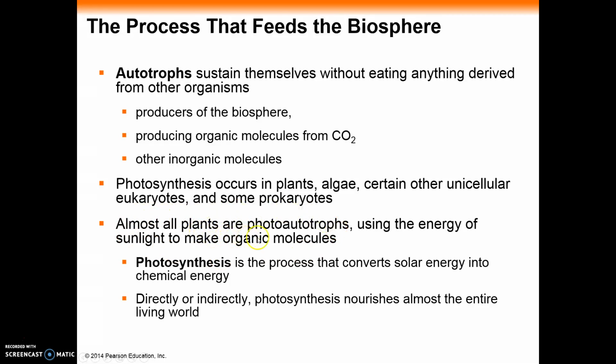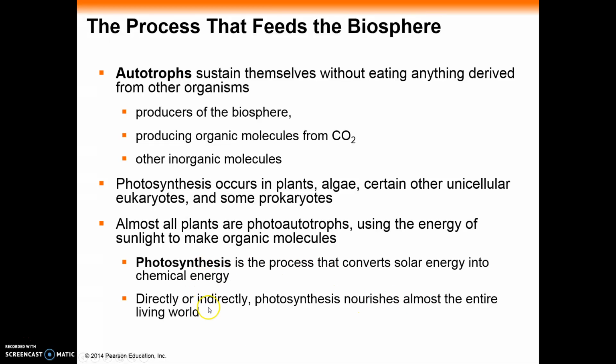Pretty much all plants are photoautotrophs, meaning that they use the energy of sunlight to make organic molecules. Understand, autotrophs would also include microorganisms that are capable of gleaning energy directly from inorganic molecules, such as causing iron to rust, stealing electrons from iron or other materials like that.